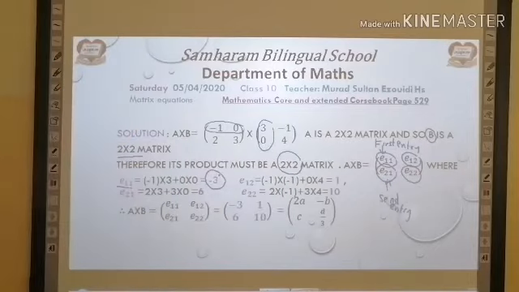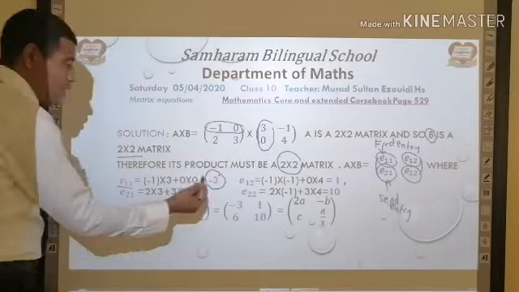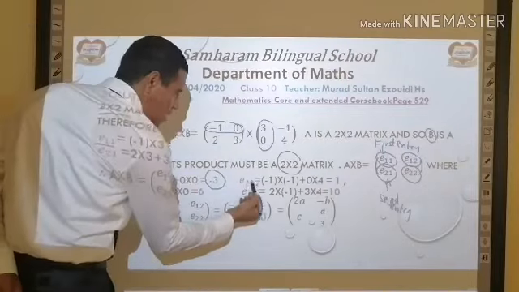Okay, the next one, my kids. What is the value that is lying on the first row, second column?